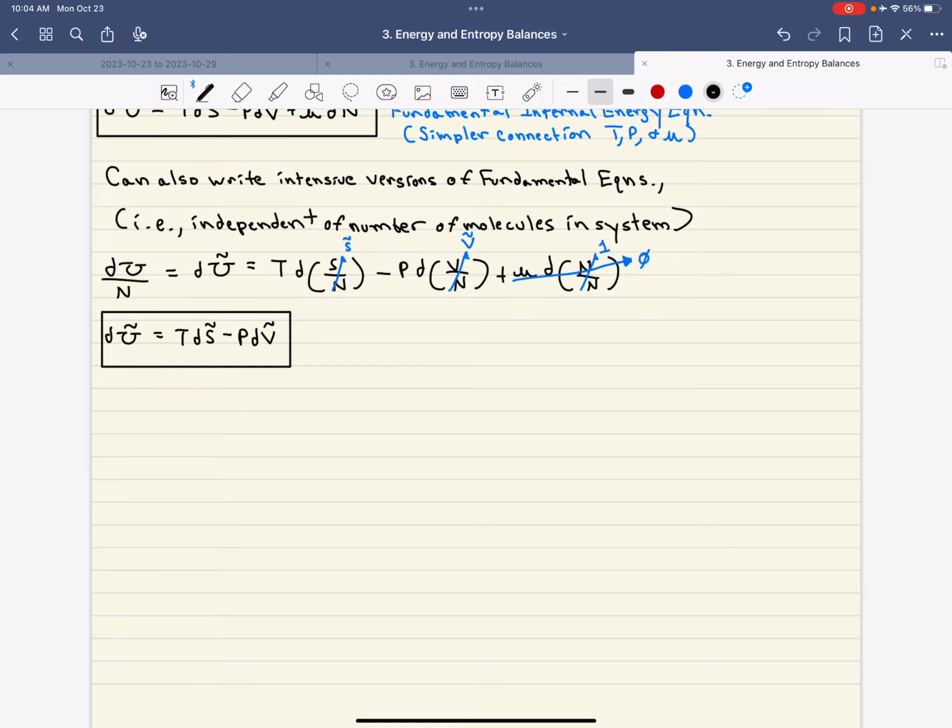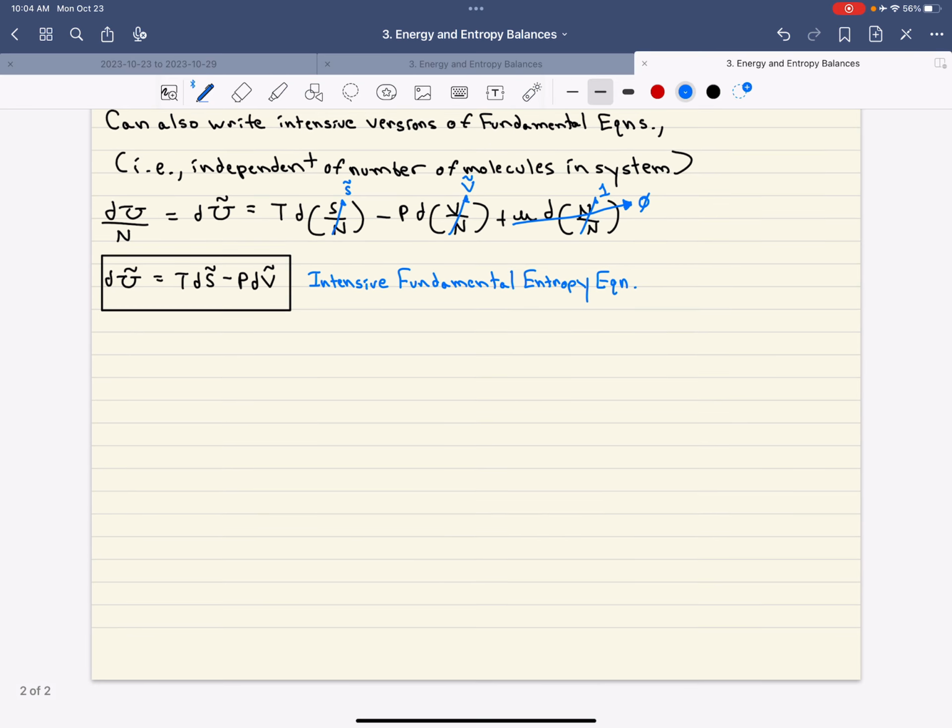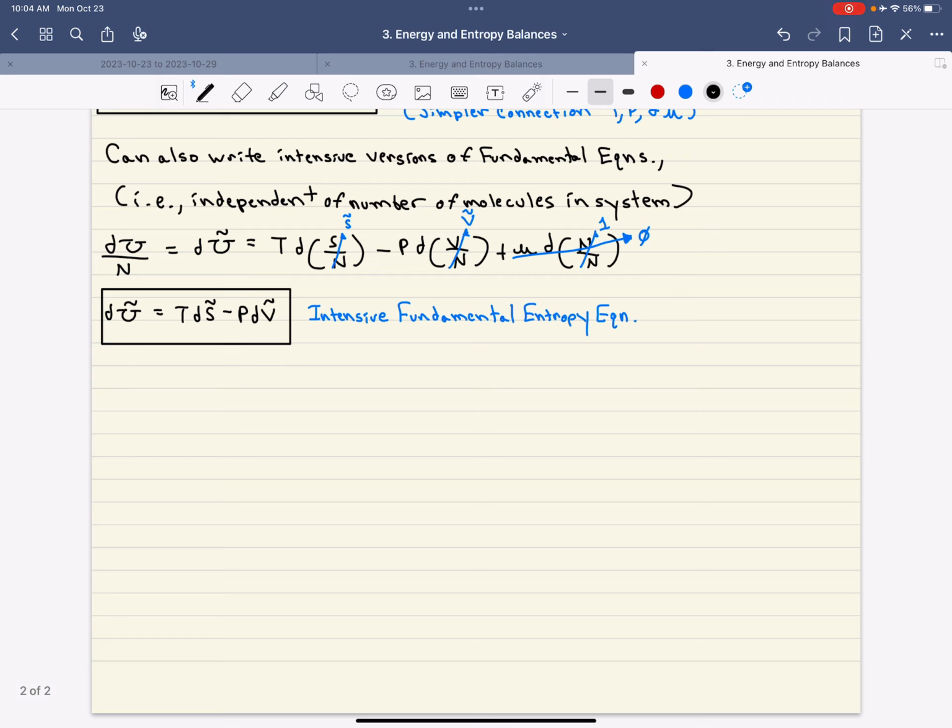So this is the intensive fundamental internal energy equation. And you could also equivalently write the intensive fundamental entropy equation.